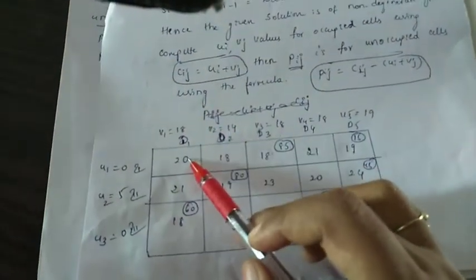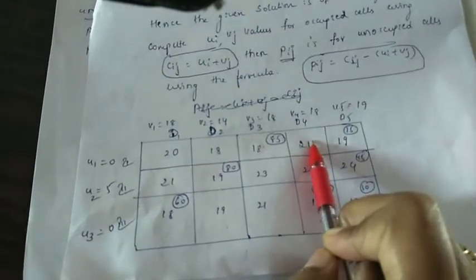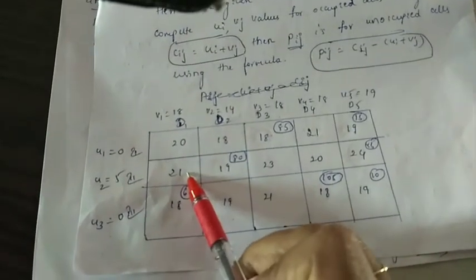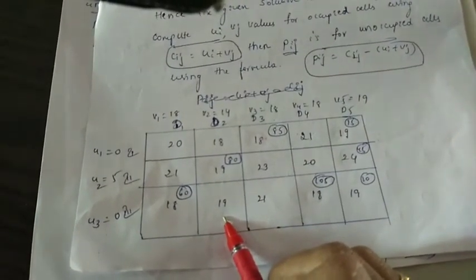So P11, P12, P14. Next P21, second row, first column, P23, second row, third column, P24, second row, fourth column. Next P32, third row, second column, P33, third row, third column. Those are all for unallocated cells.